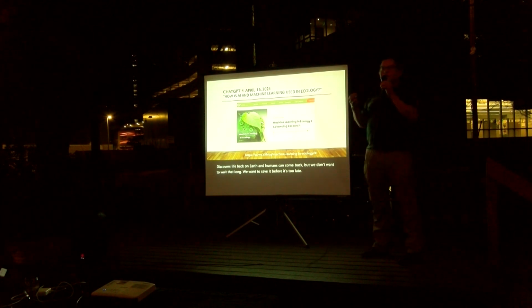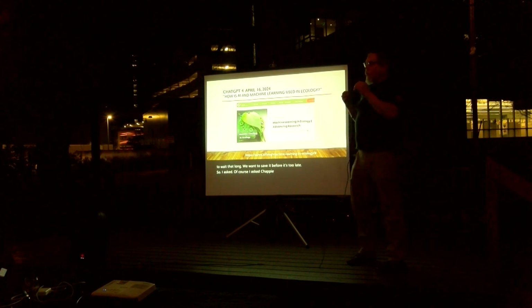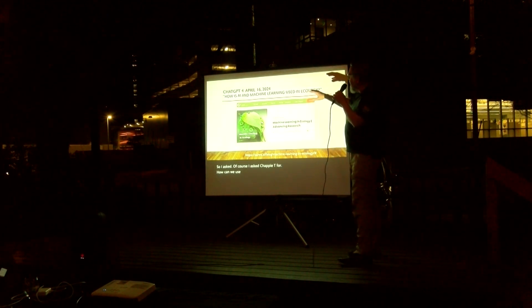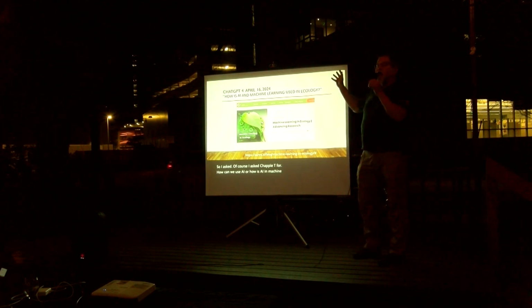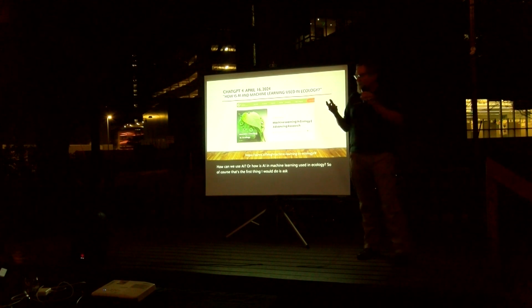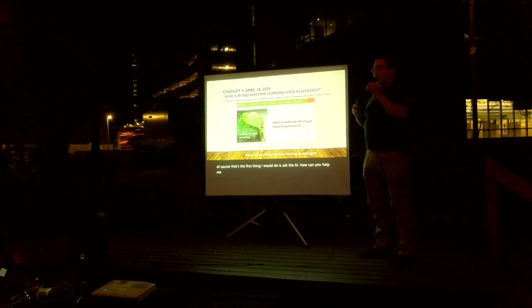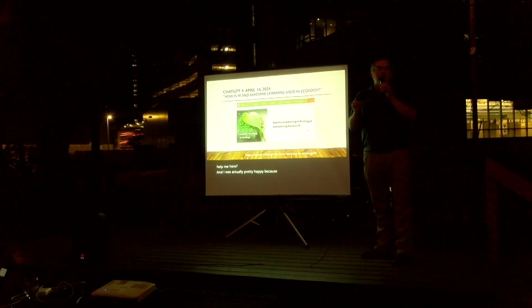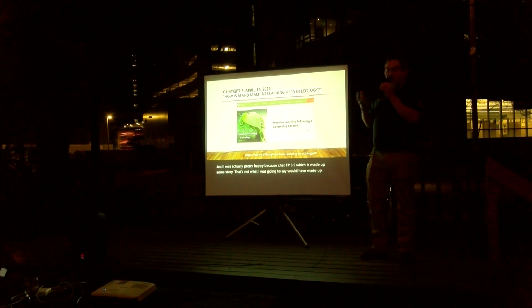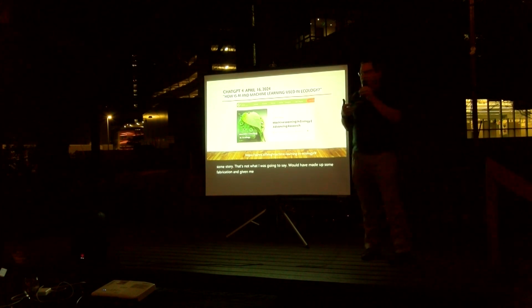So I asked ChatGPT 4, how is AI and machine learning used in ecology? So of course, that's the first thing I would do, is ask the AI, how can you help me here? And I was actually pretty happy, because ChatGPT 3.5 would have just made up some story, some fabrication, and given me an answer that would have been okay.